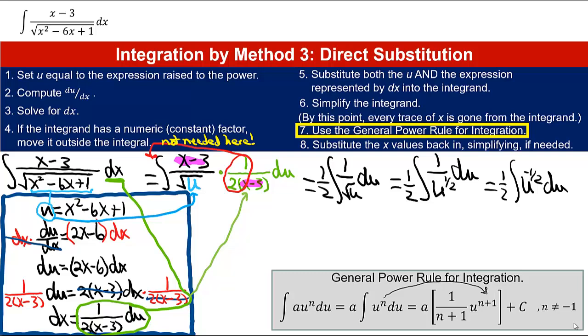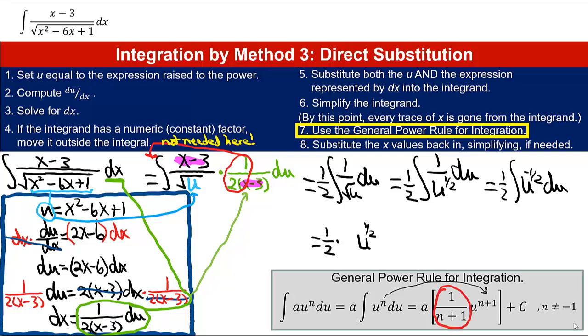So we're going to take the minus 1/2 and add 1 to it. Well, minus 1/2 plus 1 is like minus 1/2 plus 2/2. That leaves us a positive 1/2. So when we add 1 to minus 1/2, that becomes a power of 1/2. But remember that 1/2 sitting out front has to be used as well. So I'm just going to copy it down and then do what I just said. Add 1 to the minus 1/2 to get a positive 1/2.